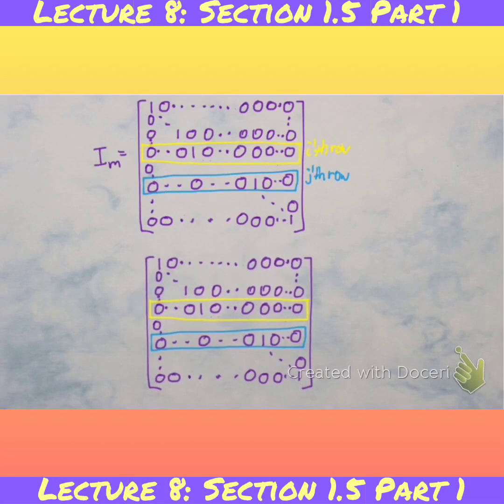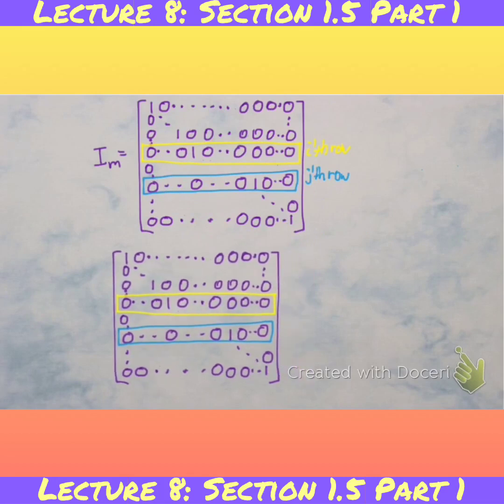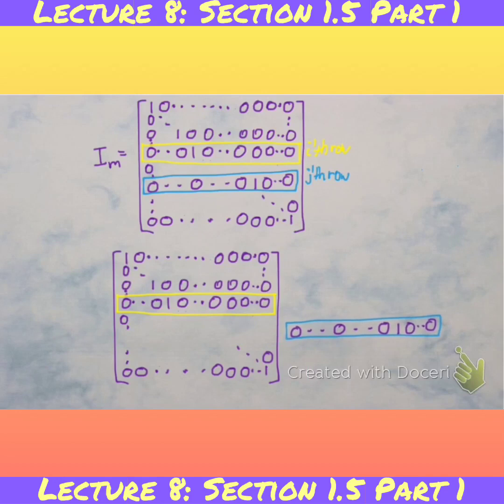Again, we're going to take the jth row of I, take that row separately, and multiply it with a scalar k, meaning we're going to replace the 1 in that blue row with a scalar k, like so.